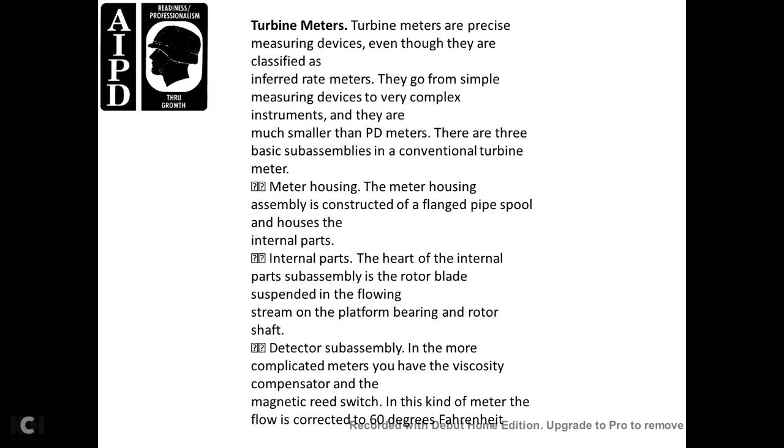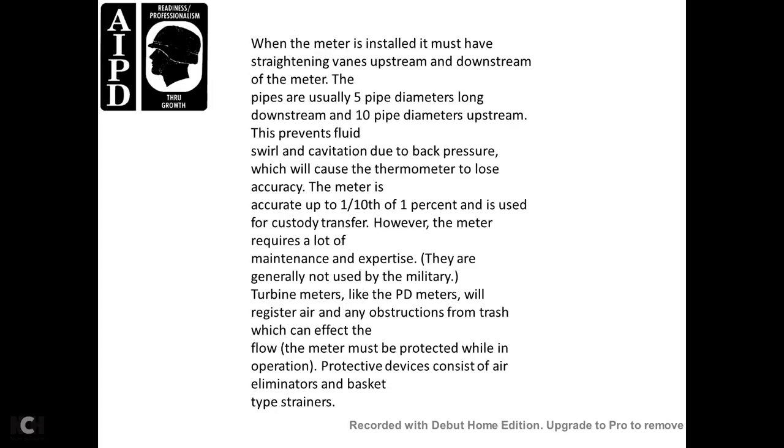In the more complicated meters you have a viscosity compensator and a magnetic reed switch, and this kind of meter is corrected to 60 degrees Fahrenheit. When the meter is installed, it must have straightening vanes upstream and downstream of the meter. The pipe is usually 5 pipe diameters long downstream and 10 pipe diameters upstream.